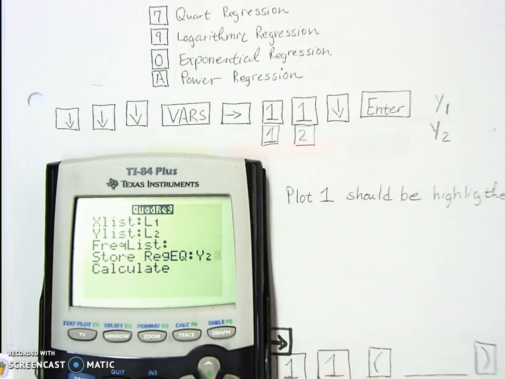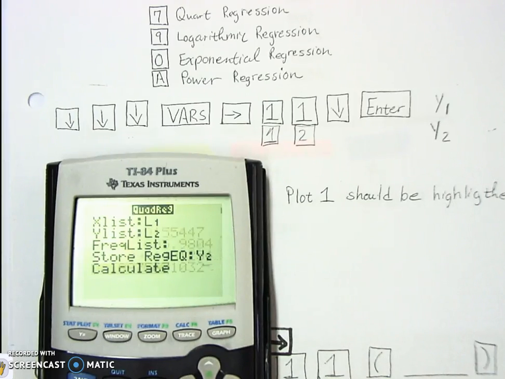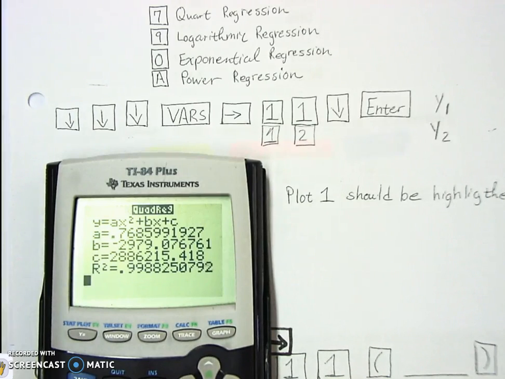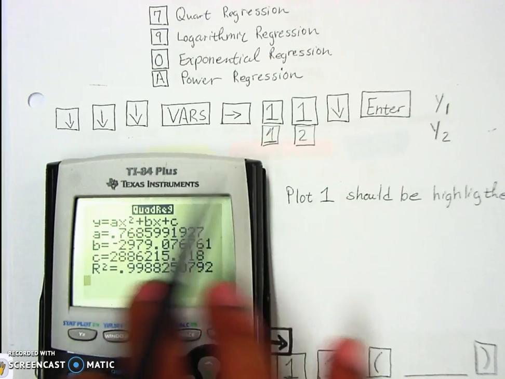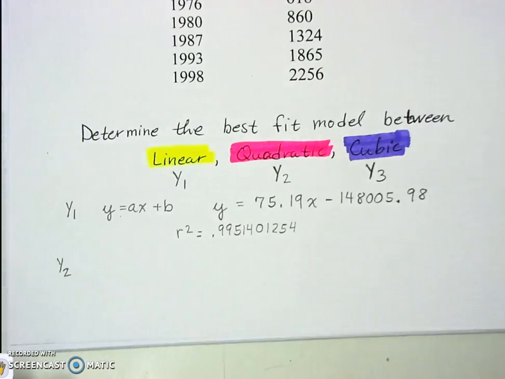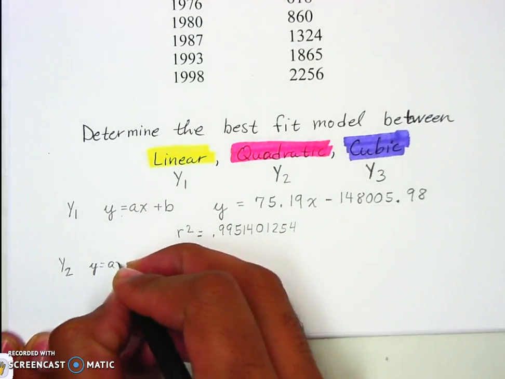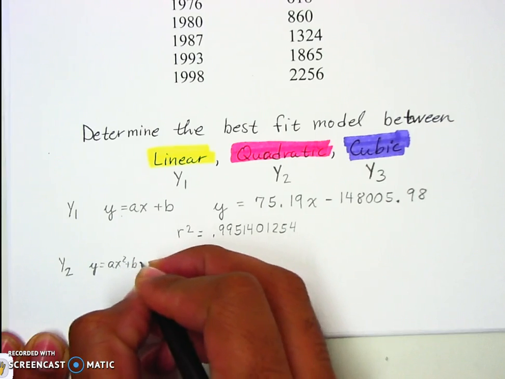So you see there, it's y2 right there now. And so that's what we need, y2. Then we're going to calculate it. And we have another equation. And we write down that equation again. And again, we have r squared. So here, we're going to write the equation down. y equals ax squared plus bx plus c.